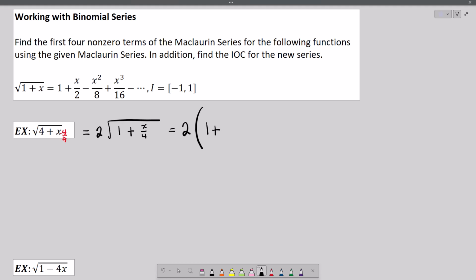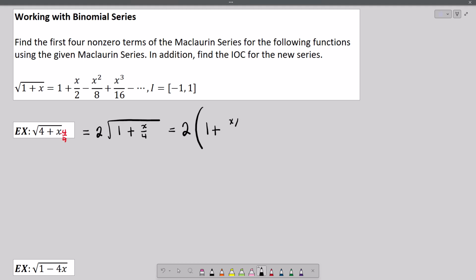So we're going to come up here. This is going to be 1. Notice that this we can't write in summation notation. This is a binomial series, and the only way to write those in summation notation is with the binomial coefficient notation, which is a pain. So for a binomial series, we're only going to look at the expanded form. We're going to replace all the x's we see with x divided by 4.